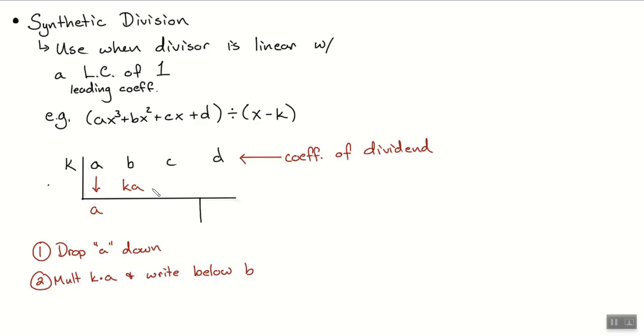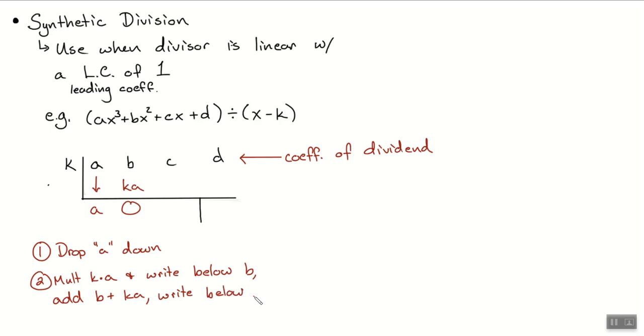All right, next, and we're almost done with it, and this is just going to keep going here. We are going to get a new number here, and we're going to say multiply right below b, add b and, or b plus ka, right below.